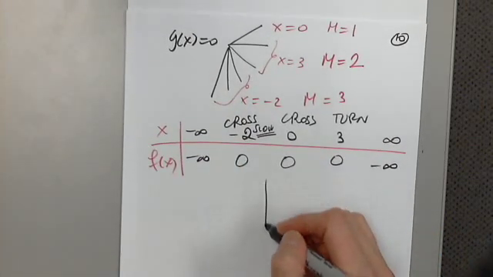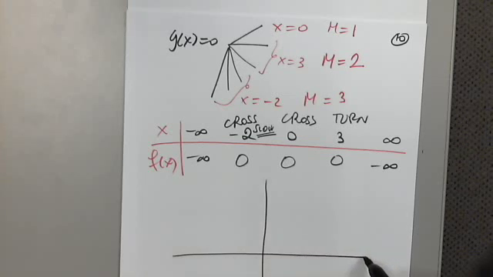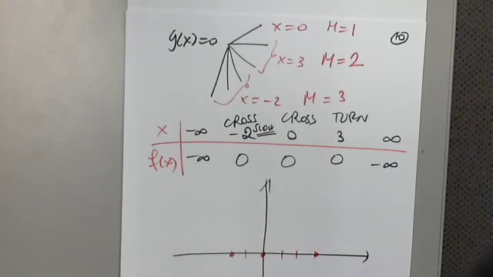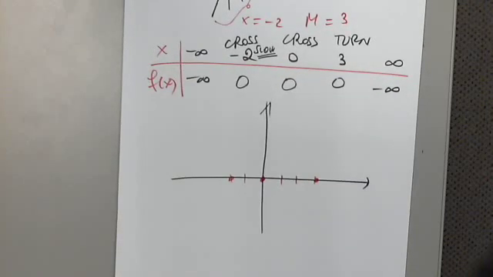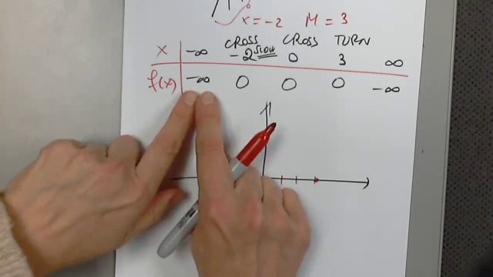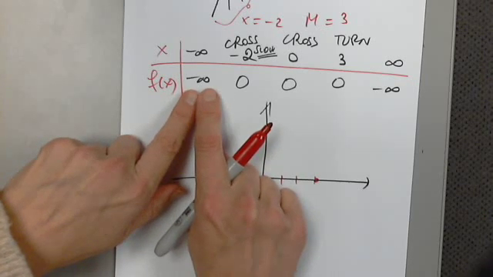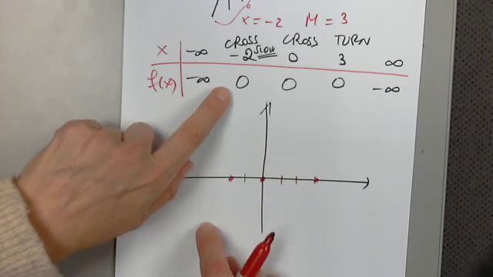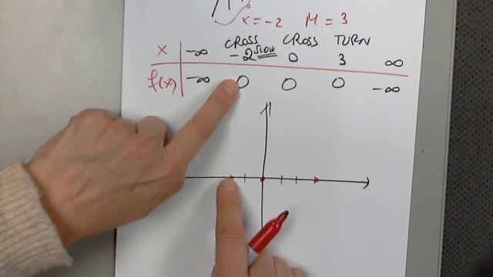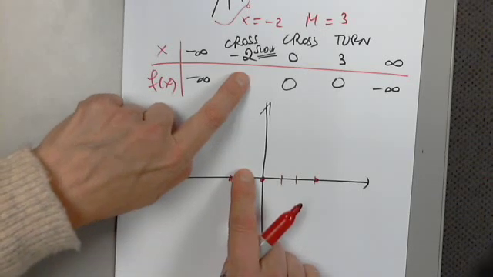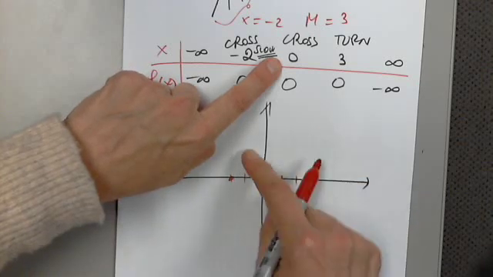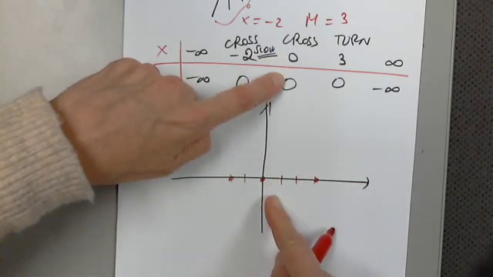Okay, ready? I plot the points I have. Negative 2, 0, 0, 0, and 3, 0. Okay, here's what I see in the table. From negative infinity, it goes up, crossing here, but very slowly. It has to come to a turn because it comes back to cross at 0, 0.